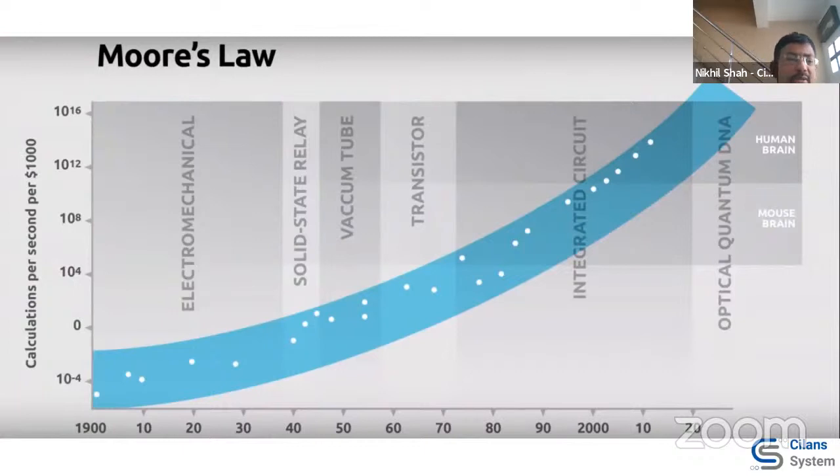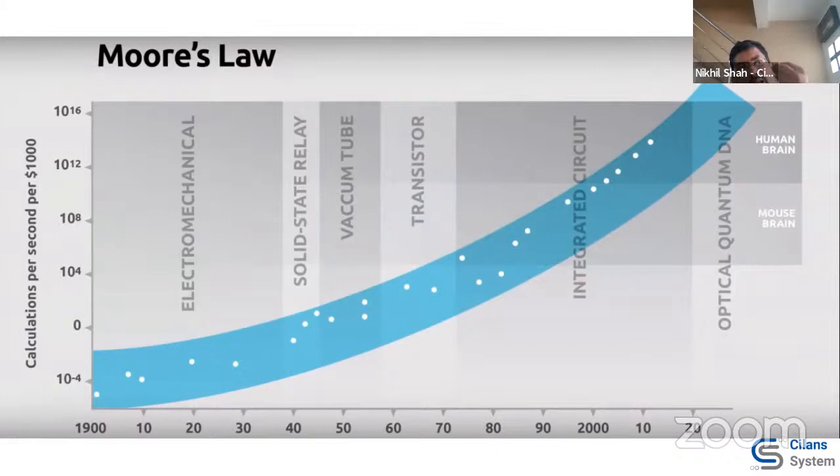Now, this is another very interesting angle that I wanted to highlight. Some of you might know about Moore's law, which is a very famous law in computer science, that every 18 months, every 1.5 years, the computation power in the computer doubles.